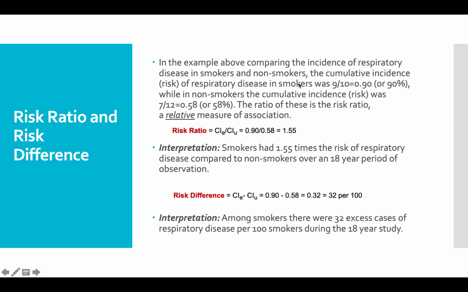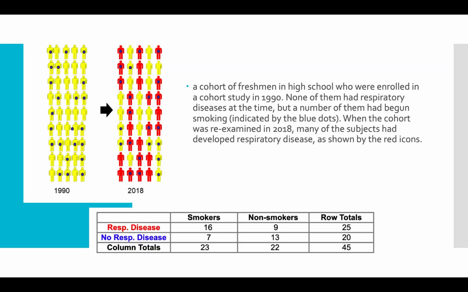So for example, in our example, the cumulative incidence of respiratory disease in smokers was 9 per 10. Maybe we can go back to this. So the respiratory disease in non-smokers is 9.